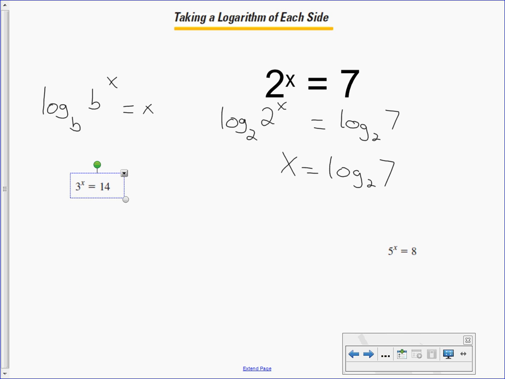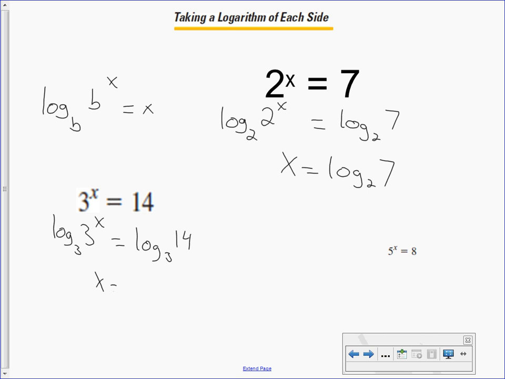So on this one here, 3 to the x equals 14. What do you have to do to both sides? Log base 3. Excellent. So you can see how quickly these can go, right? So you have the log base 3 of 3 to the x is log base 3 of 14, and you get some number.